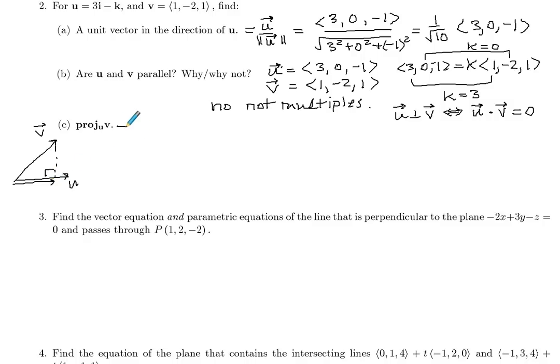To get the projection, you take a scalar multiple of the vector u. That multiple is, first you dot the vectors on top, and on the bottom you divide by the length of u squared. That's a scalar, and you multiply that times the vector u.